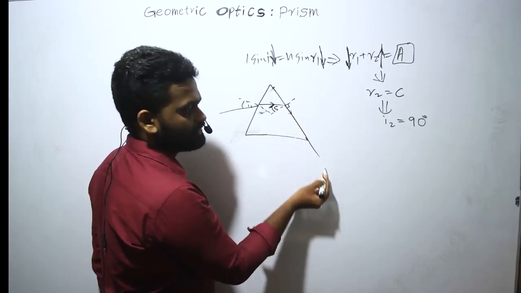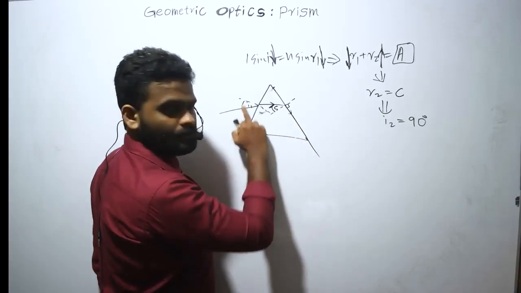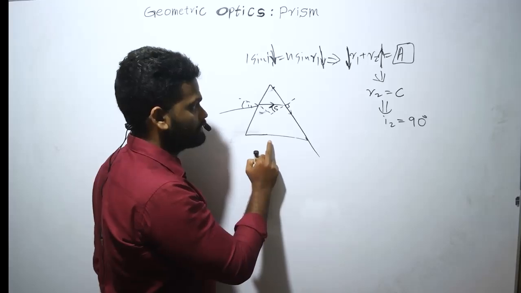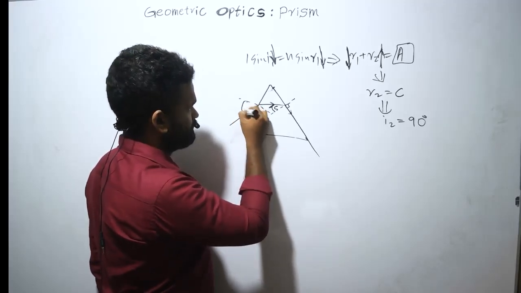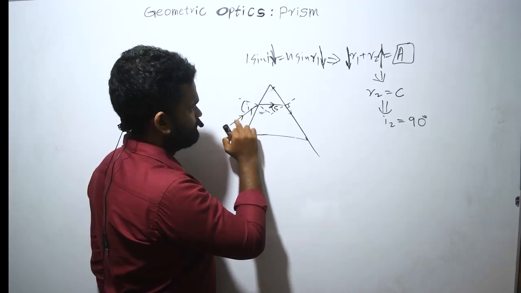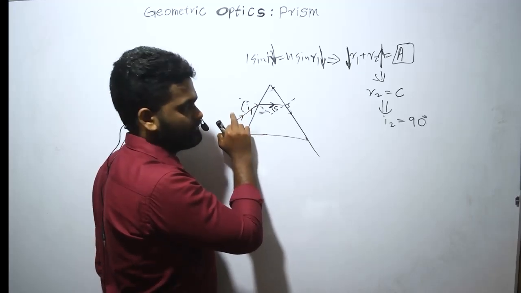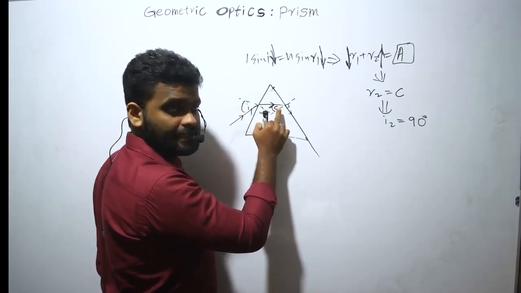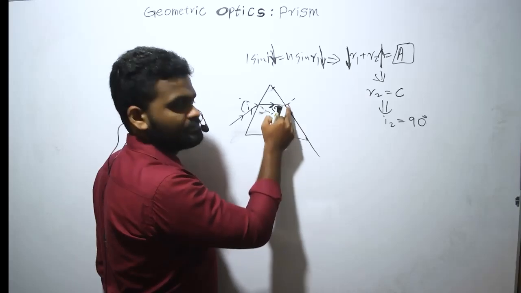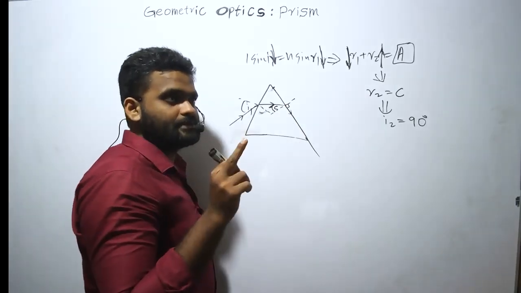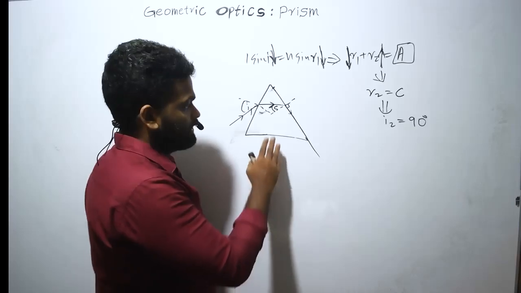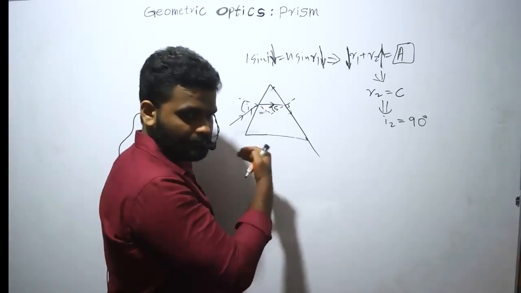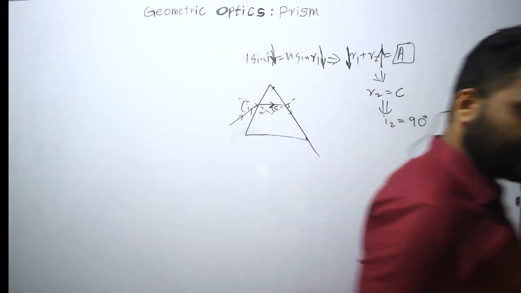This is the emergent ray. Draw this on the note. So at a specific I1 value, this angle becomes the critical angle. Then the emergent angle becomes 90 degrees. So that is what happens just before the total internal reflection. Draw this one below what you have written.